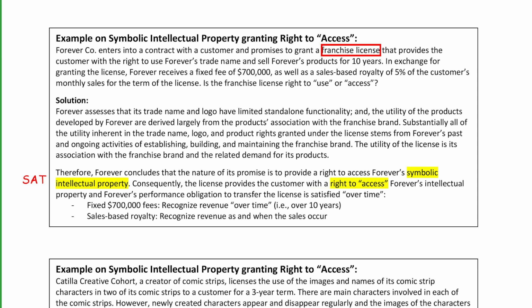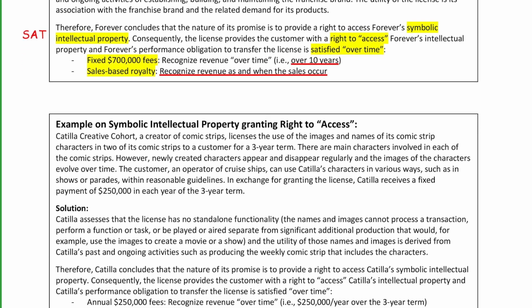A is the right to access, and T is where the performance obligation is satisfied over time, and that is where the fixed $700,000 fees is recognized over time, over 10 years, and the sales-based royalty is recognized as revenue as and when sales occur.